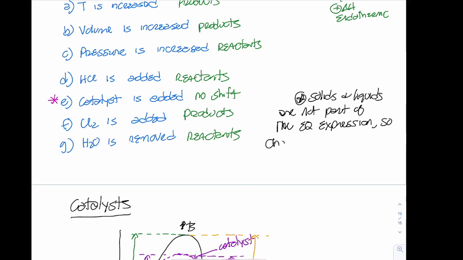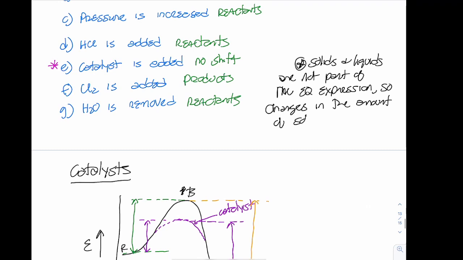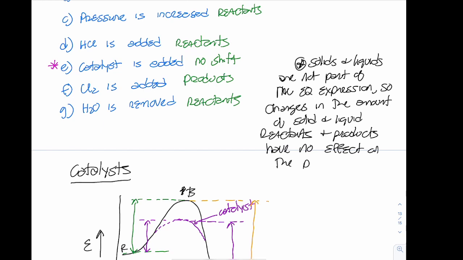So changes in the amount of solid and liquid reactants and products have no effect on the position of the equilibrium.